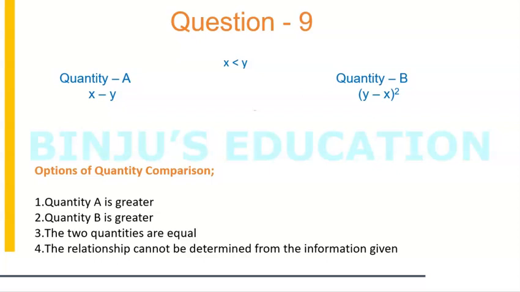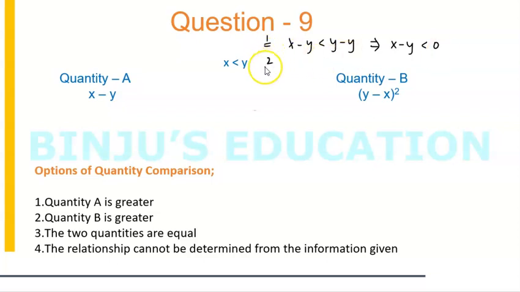Okay. So the question stem is x is less than y. So I can rewrite this as, first way of rewriting this is, I can subtract y on both the sides and I can have x minus y is less than y minus y, which gives us x minus y is less than 0.